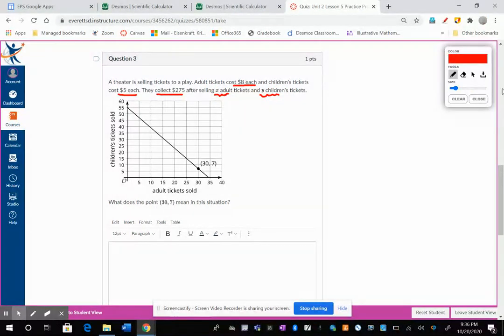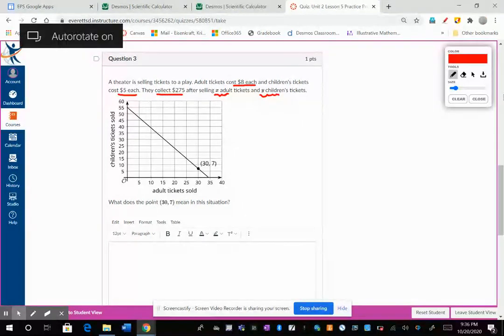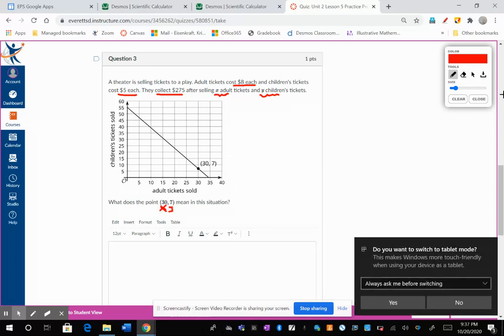If you are ever asked to analyze an ordered pair, I'd always say, put the variable underneath the number. If it says X is 30, what does X mean? X is the number of adult tickets, so that would mean there were 30 adult tickets.